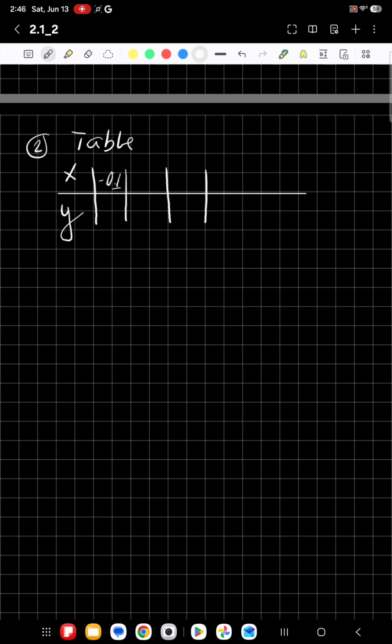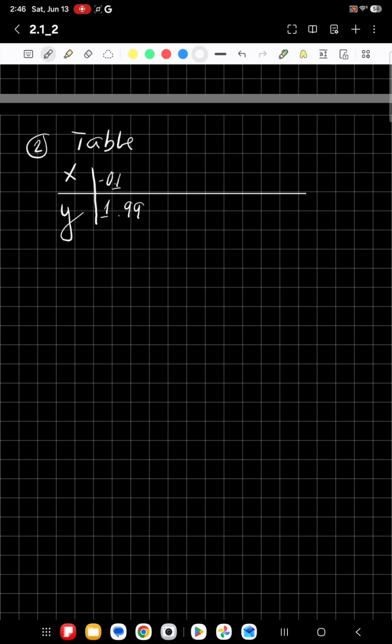If we do that, let me remove that, and make it farther away. We plug in that negative 0.1, a number that's relatively close to 0, looking from the left, and we get 1.9999. I still don't have enough space.